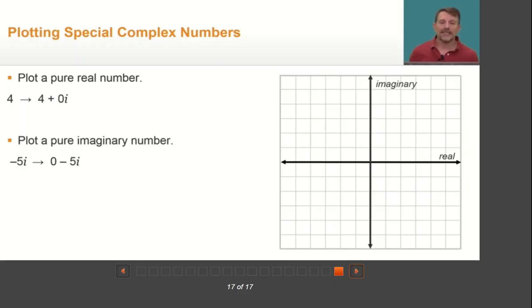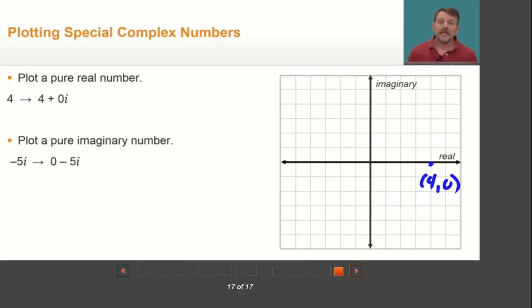Since 4 is exclusively real, all we have to do is plot a point that is 4 units to the right of the origin on the real axis. Because this involves no rotation from the real axis, its polar coordinates are also (4, 0).